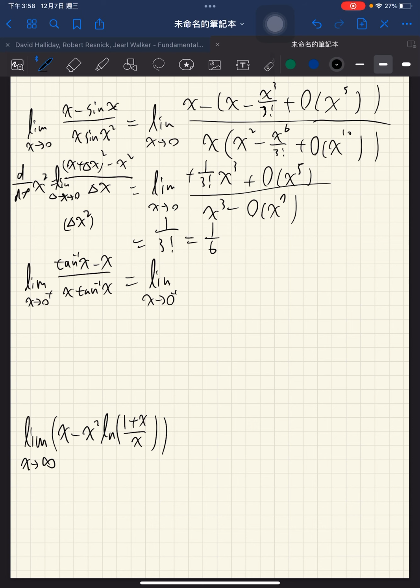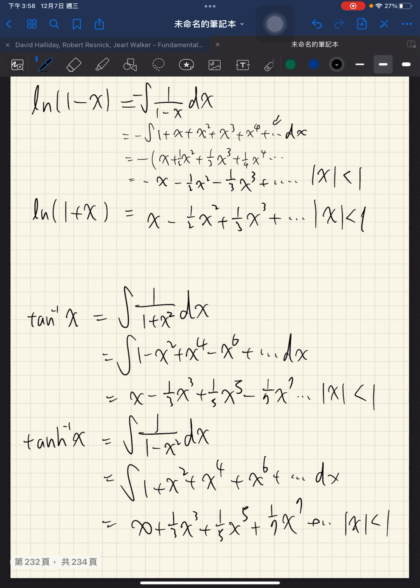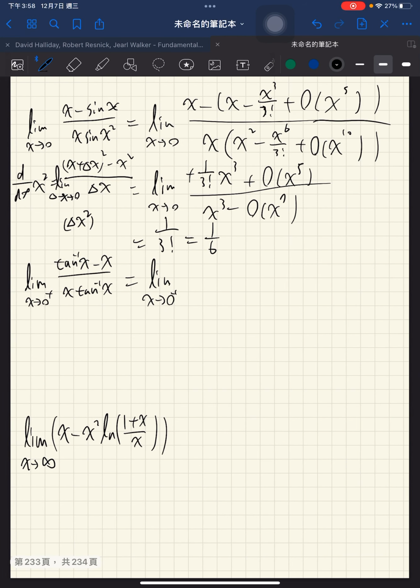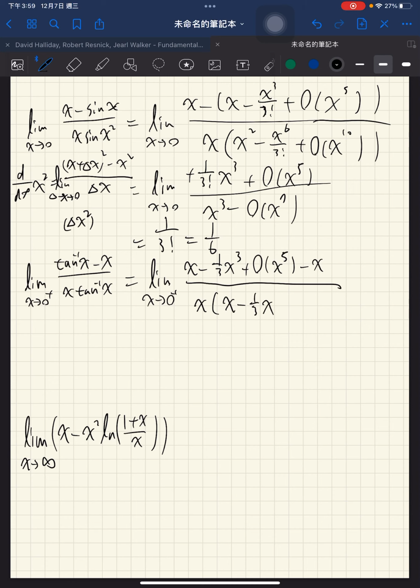Arctan of x, we'll get x minus 1/3 of s to the third power. So x minus 1/3 of s to the third power, and I think this is enough to do this. And minus x times x minus 1/3 of s cubed, and that's enough.